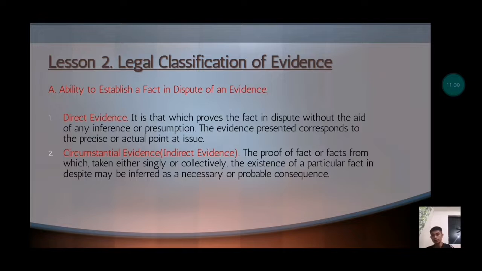However, the following requisites must be present before circumstantial evidence will become sufficient for conviction. First, there is more than one circumstance. The second is that the facts from which the inferences are derived are proven, and the combination of all the circumstances is such as to produce a conviction beyond reasonable doubt.